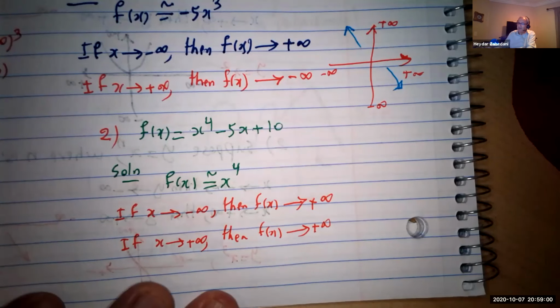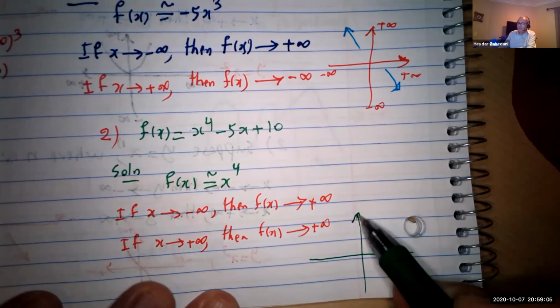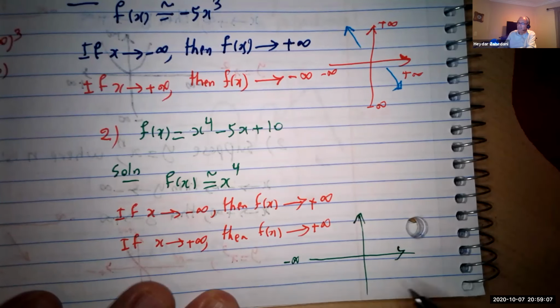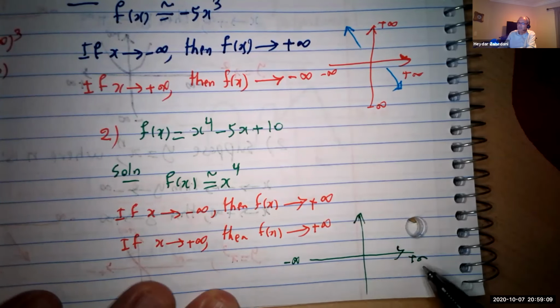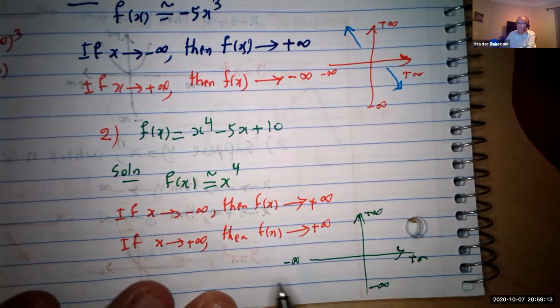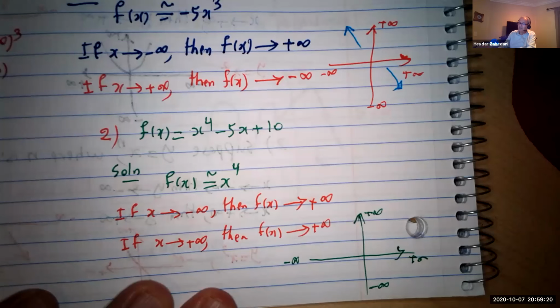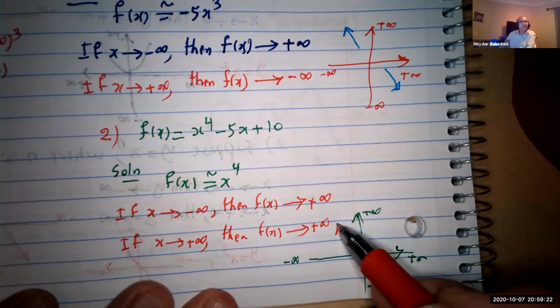So this would happen when we graph it. X negative, y positive; x positive, y positive. So you are going to start here, up.